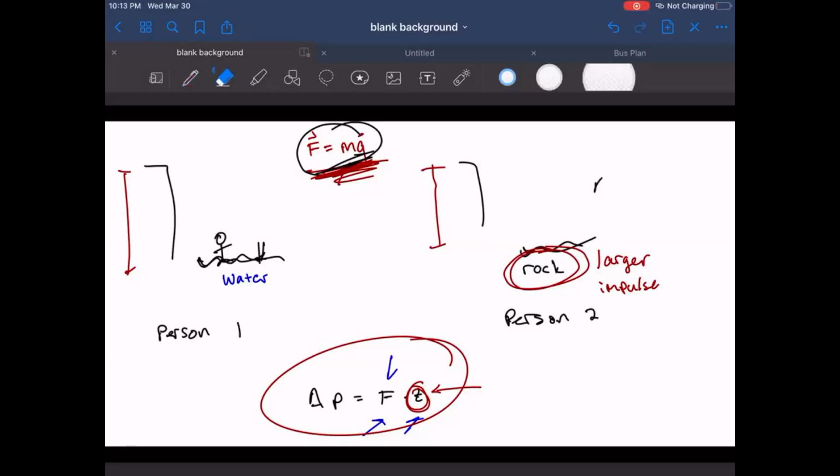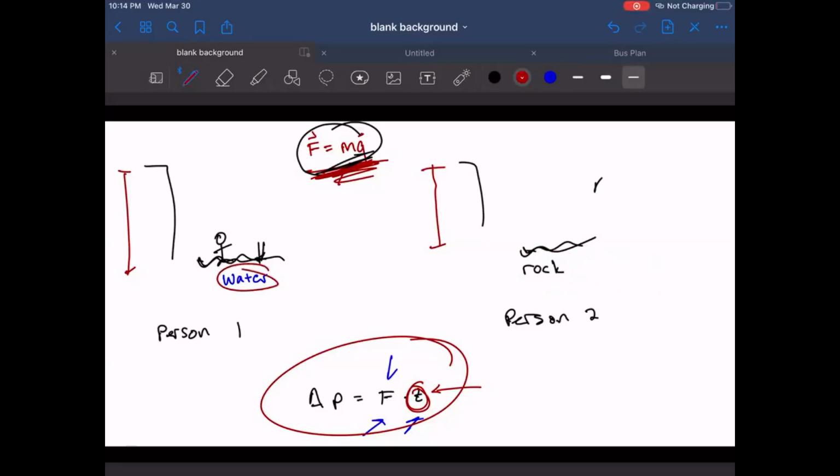So I got it backwards. Same force, longer time. So the water has the larger impulse. I don't know why. Sorry. Because it's a product here. If the force is larger, the impulse is larger. If the time is longer, then the impulse is larger.